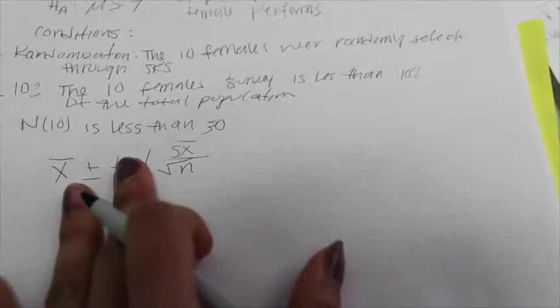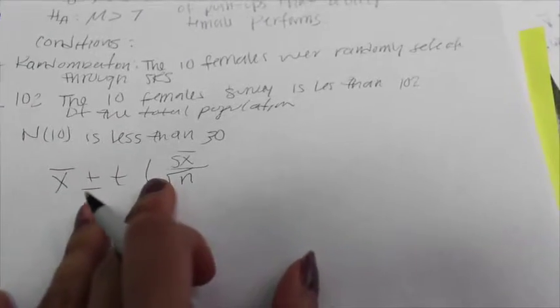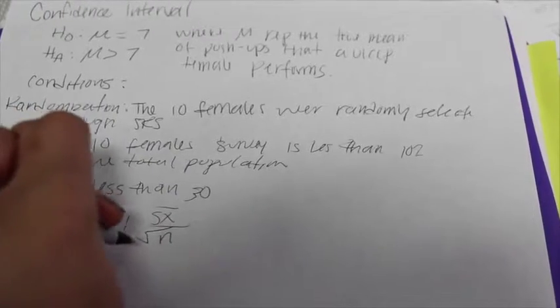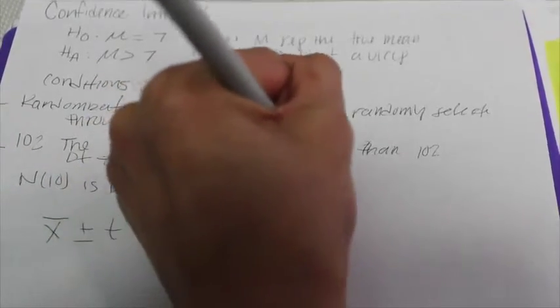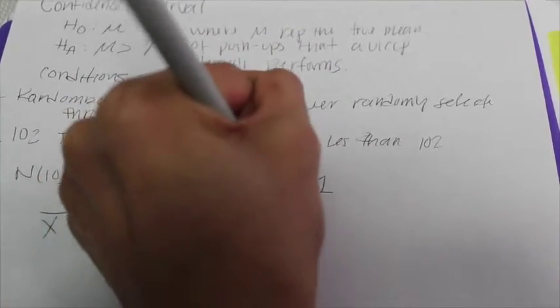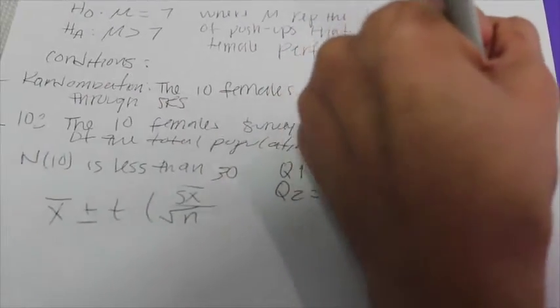Before we can go on with this, we have to make sure that we do not have any outliers, so we conduct the 1.5 outlier test. So we have Q1, which is equal to 1, and Q3, which is equal to 2. And so we do 2 minus 1, which is equal to 1, and then times 1.5, and that gets 1.5.